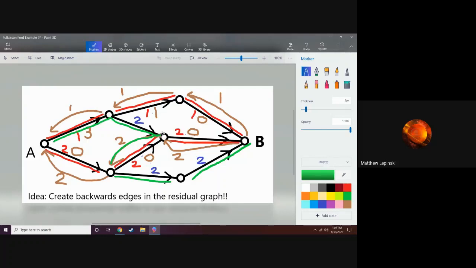And once I have that flow at the center point, I then no longer need to ship up from the south. So I can undo that decision.